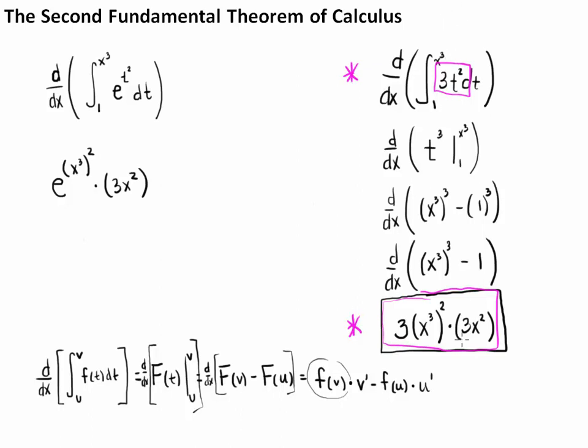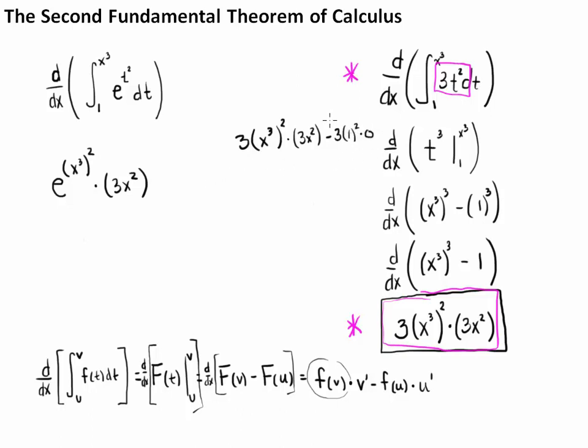I'll write it here in the middle. 3, get rid of the t, replace it with x cubed, and square it, times the derivative of the inside, so that's going to be 3x squared, minus this with the bottom bound plugged in, so I plug in 1, so I get 3 times 1 squared, times the derivative of that bound. Well, the derivative of 1 is 0, so times 0.